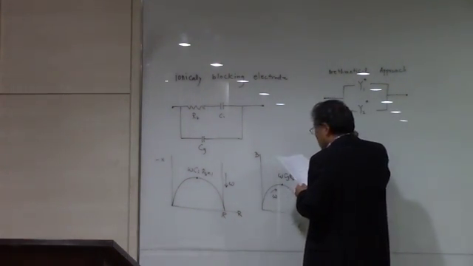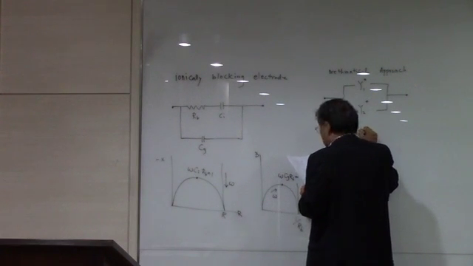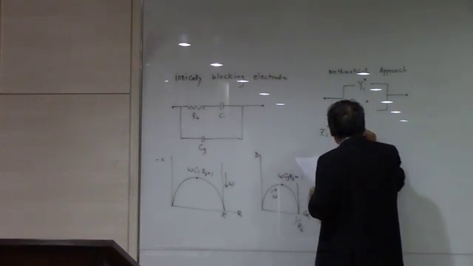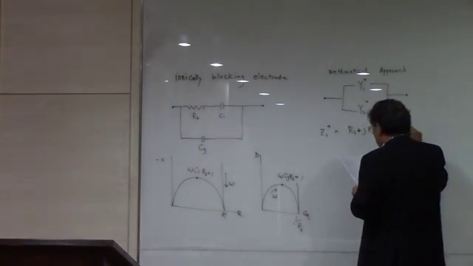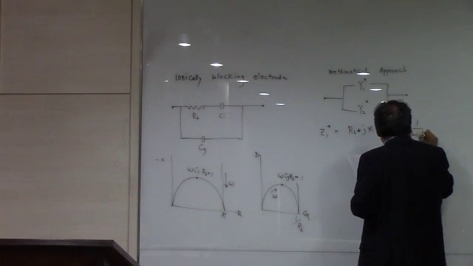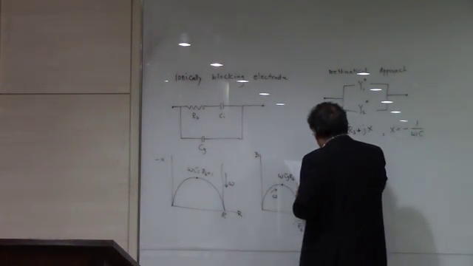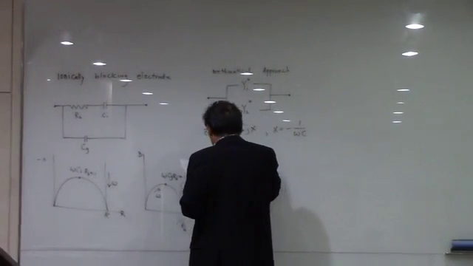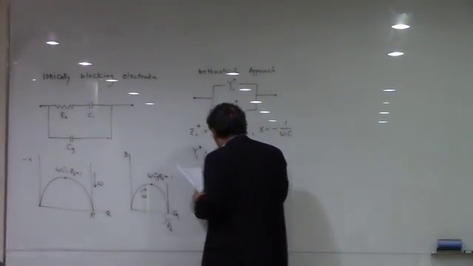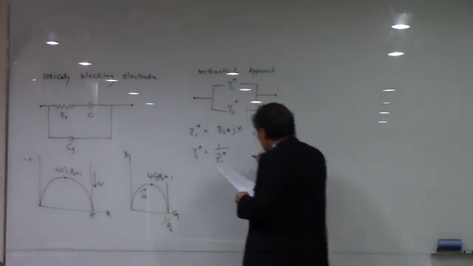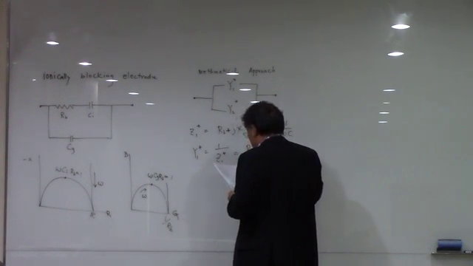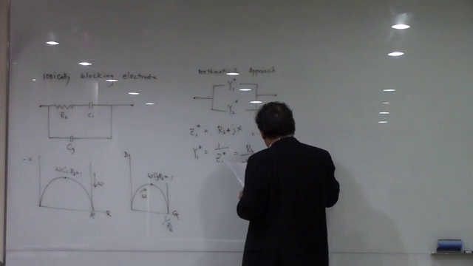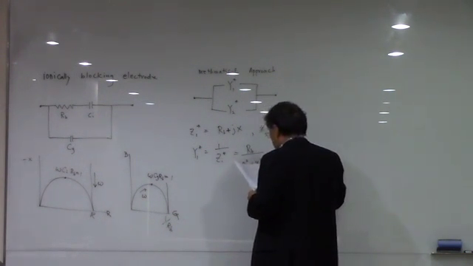Okay, z1 is Rb plus jx, and x is going to be omega C. Okay, y1 star is nothing but 1 over z1 star, so it's going to be Rb over Rb square plus x square, plus jx over Rb square plus x square.